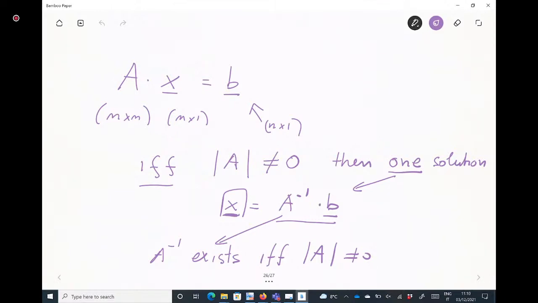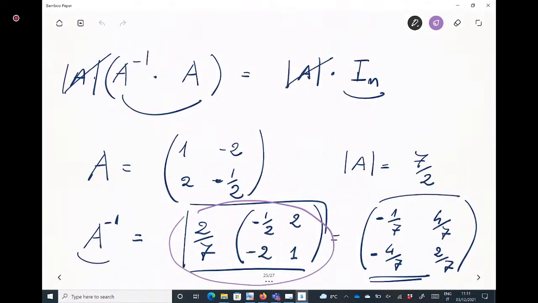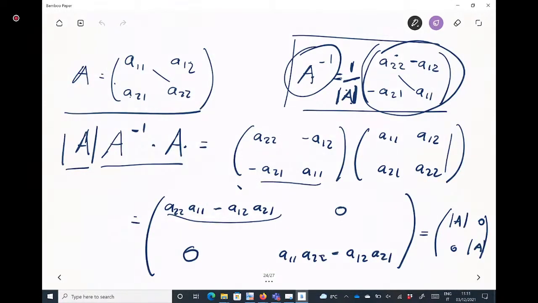It is a constant, 1 over the determinant of A. Remember the formula? In order to compute the inverse matrix, clearly the determinant of the matrix must be different from 0. Otherwise, we don't have any inverse matrix. Otherwise, our matrix is not invertible.